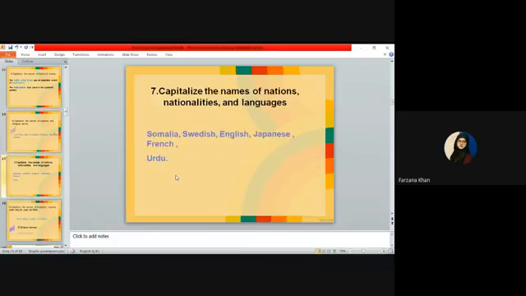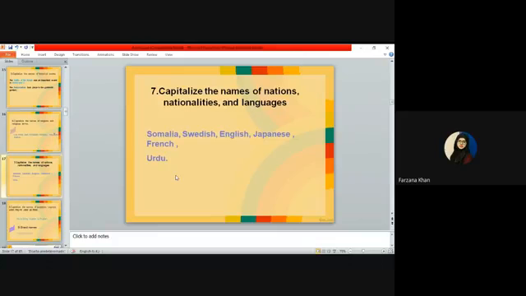According to the 7th rule of capitalization, capitalize the names of nations, nationalities, and languages. So you need to capitalize the names of nations like Pakistanis, Indians, Chinese, Japanese, Americans, and you also need to capitalize the names of countries everywhere: Pakistan, India, Bangladesh, similarly America, Canada.